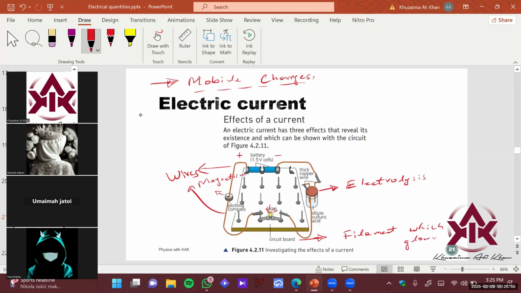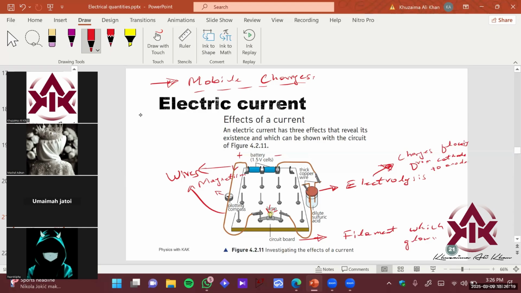And this is a chemistry concept in which the charge is flowing from cathode to anode, right? Cathode to anode, right? So let's see what effects are happening here.